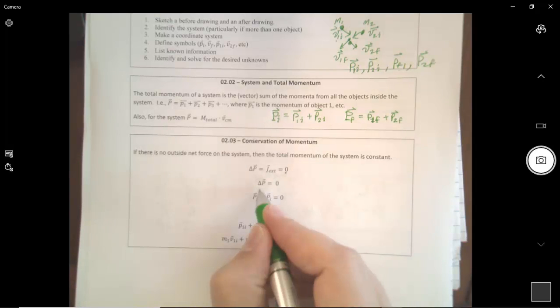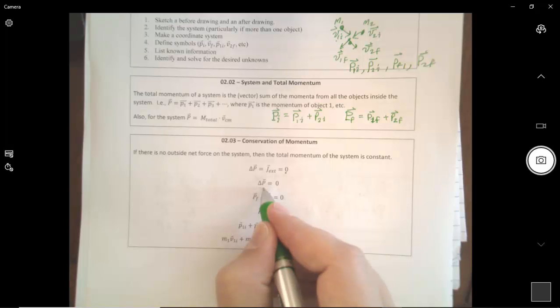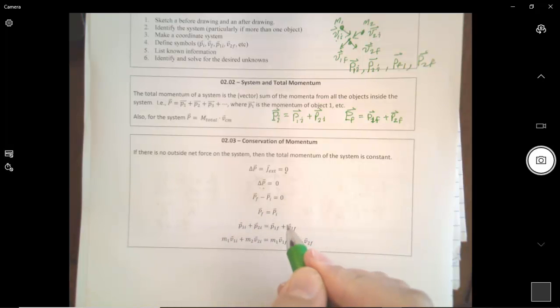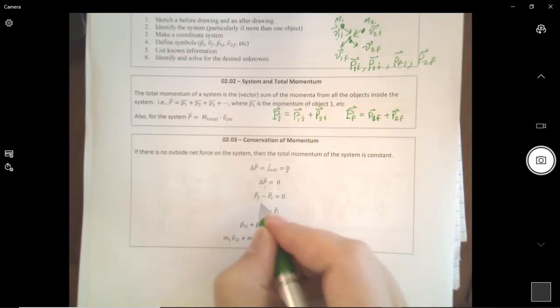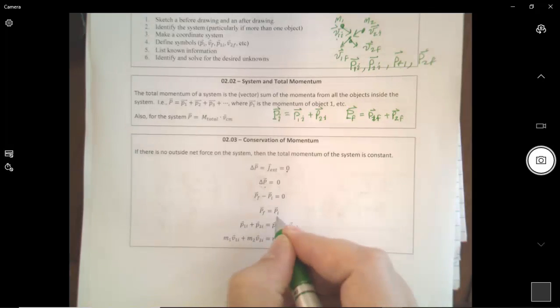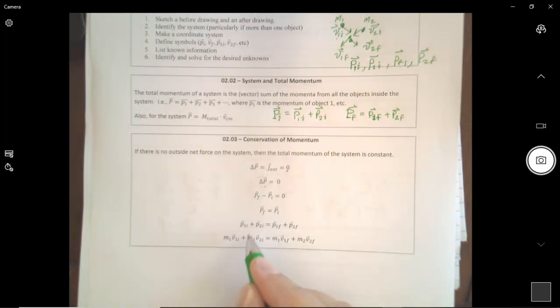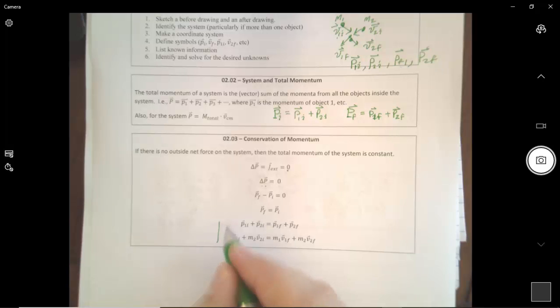Well, then that means that our change in momentum is going to be equal to 0. This is for our whole system. And then that means that our final minus initial is 0, that means our final is equal to our initial, and that means that we can start plugging in our original little p's, and then we can even multiply them out. This is what we mean by conservation of momentum.